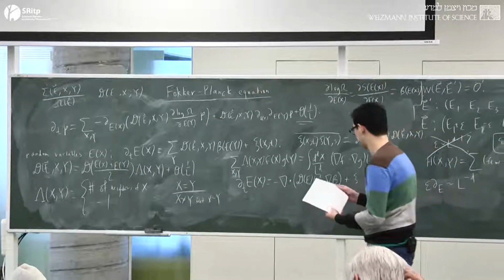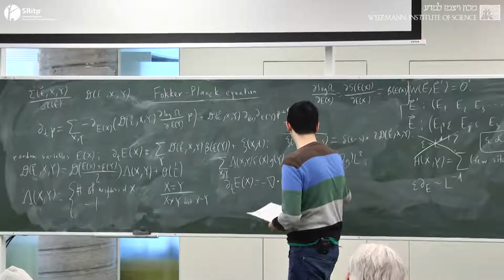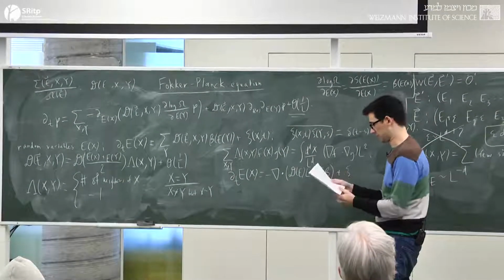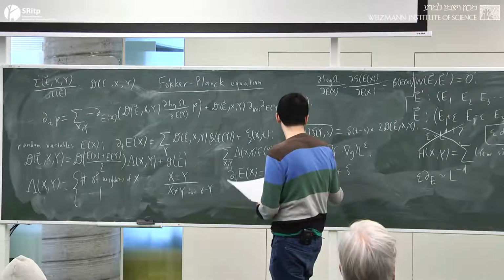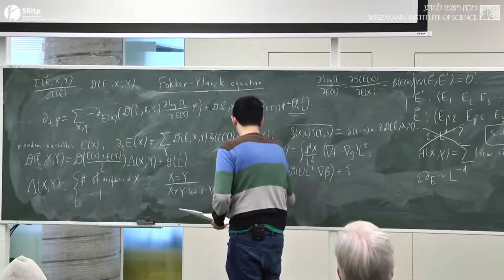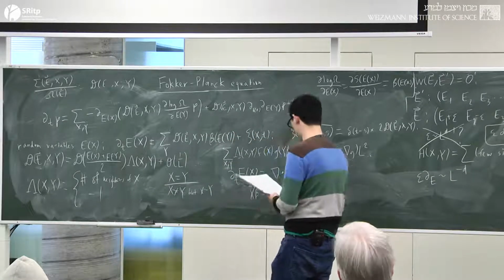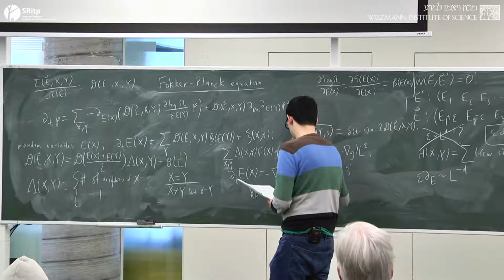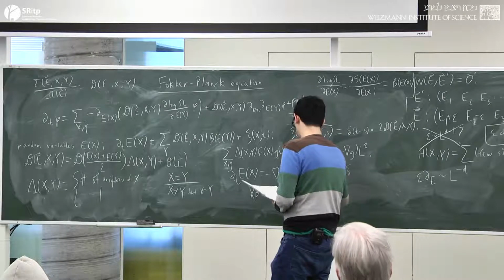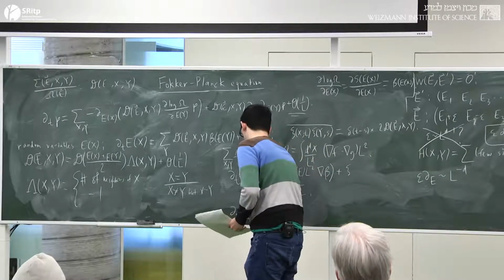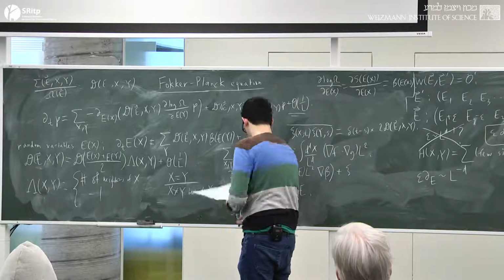And let me write this in the form of a conventional diffusion equation by going from beta back to E. Using some thermodynamic identities, the gradient of beta is minus beta squared over specific heat times the gradient of E.